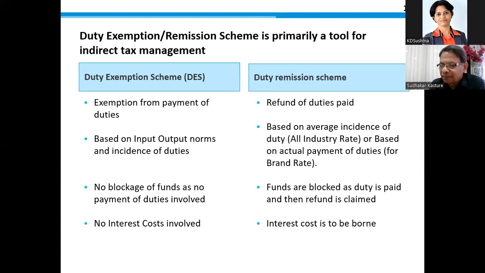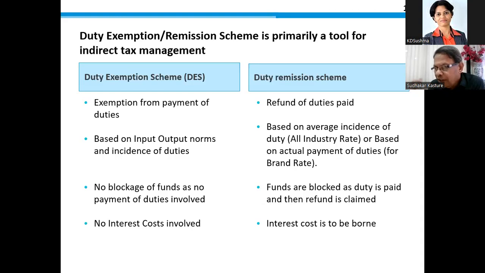Ratio is fixed because based on the ratio, the import quantity is fixed. Based on the import quantity, duties are calculated. So based on input-output norms and incidence of duties, what is the advantage for the exporter? No blockage of funds and no payment of duties involved, no interest cost, because you're not borrowing money from the bank because you're not supposed to pay duty.